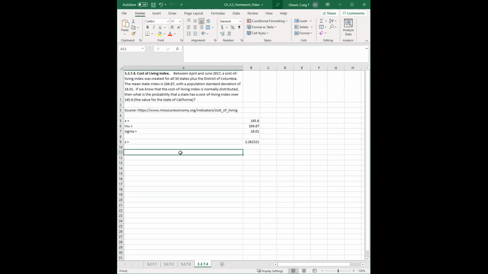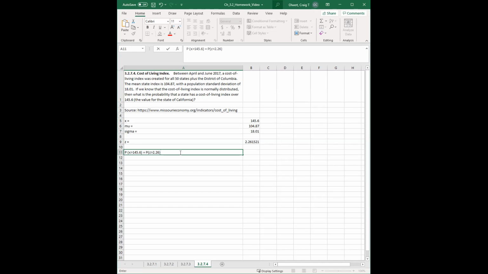So more formally, we're trying to find the probability that x is greater than 145.6. However, I want to use the standard normal distribution table. I need to convert that into the probability that z is greater than 2.26.